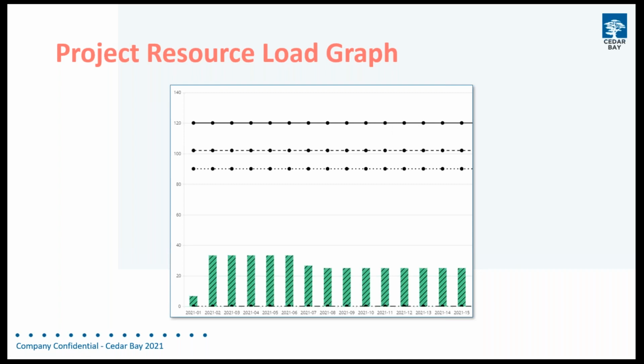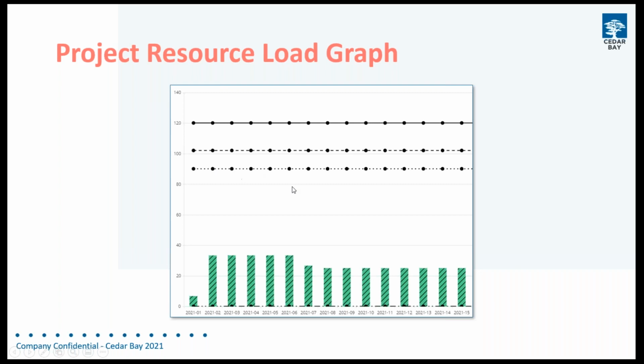In this case, we've got 120 hours as our maximum. Then with our efficiency or utilization level at 85%, we're down at 105 or so hours, and with 75%, we're down at 90 hours.